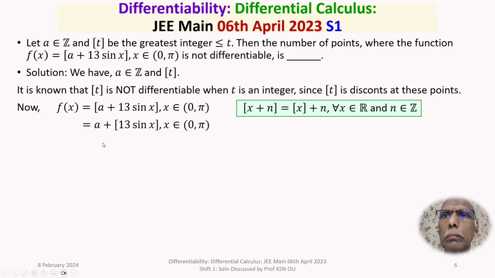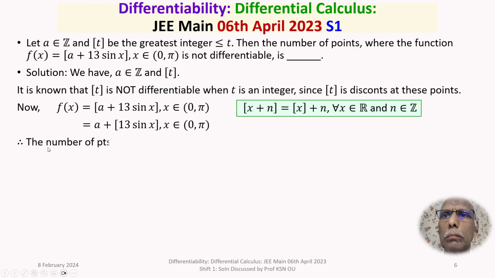Now suppose you take this function. a is a constant because a is an integer. If you want to discuss the differentiability of f(x), you discuss the differentiability of [13 sin x], because a, being an integer and a constant, is differentiable everywhere.